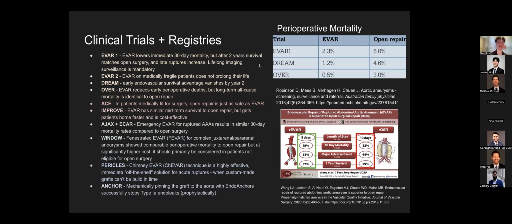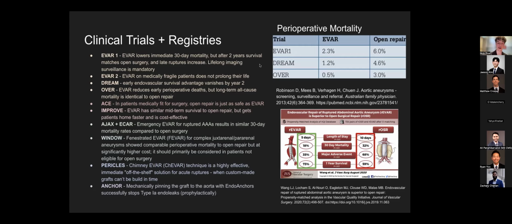WINDOW evaluated fenestrated EVARs. I think fenestrated EVARs, a lot of them are usually custom made for the patient, but not always. And then they're usually indicated for complex juxtarenal pararenal aneurysms. I previously talked about these earlier on in one of the slides. The landing zones are quite difficult, making them complex for endovascular repair.